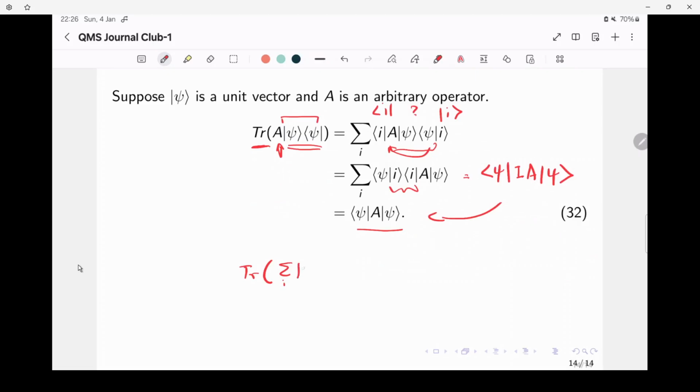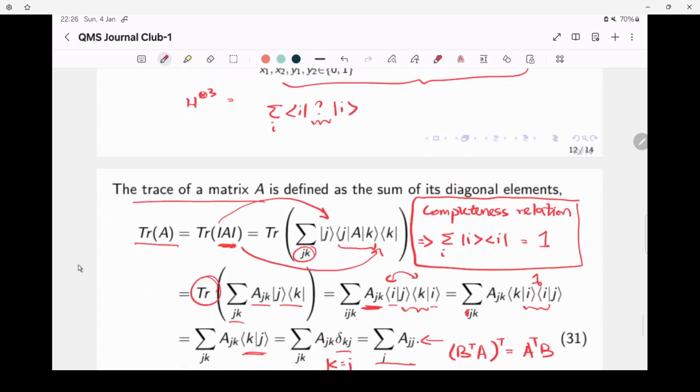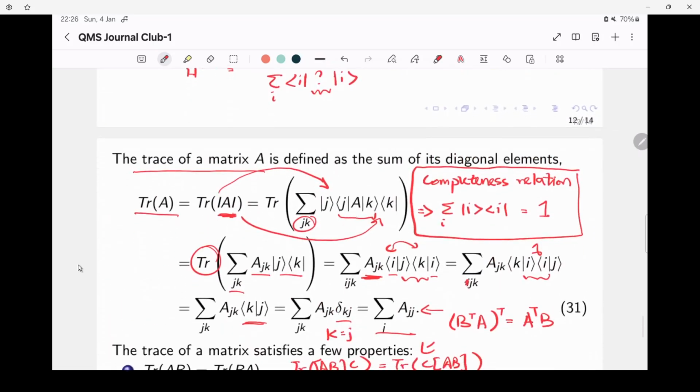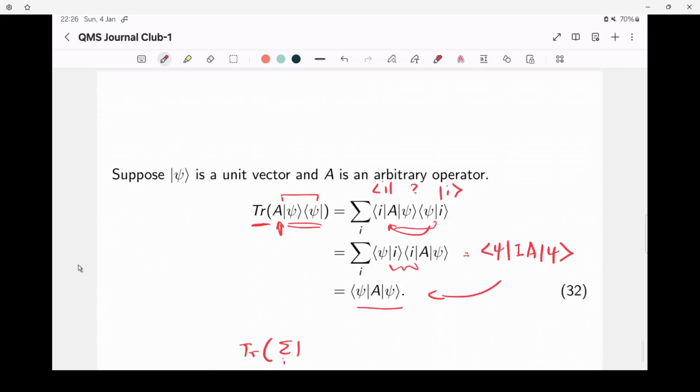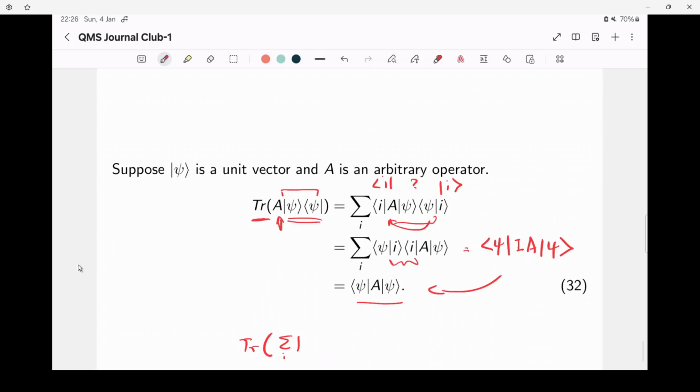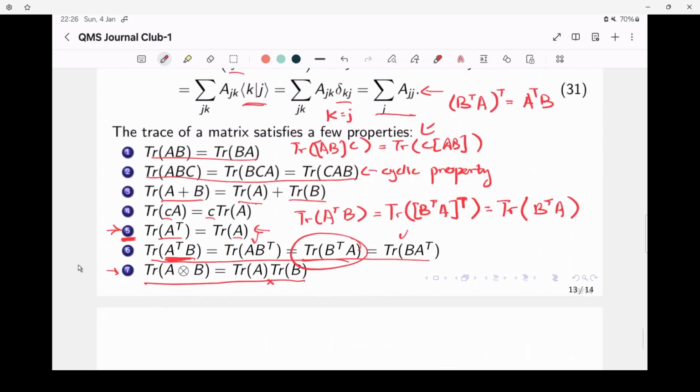I think from the properties, the summation over i is equal to the summation over i of the transpose. You mean here? No, it's below. I think it's the third one. Maybe this one.